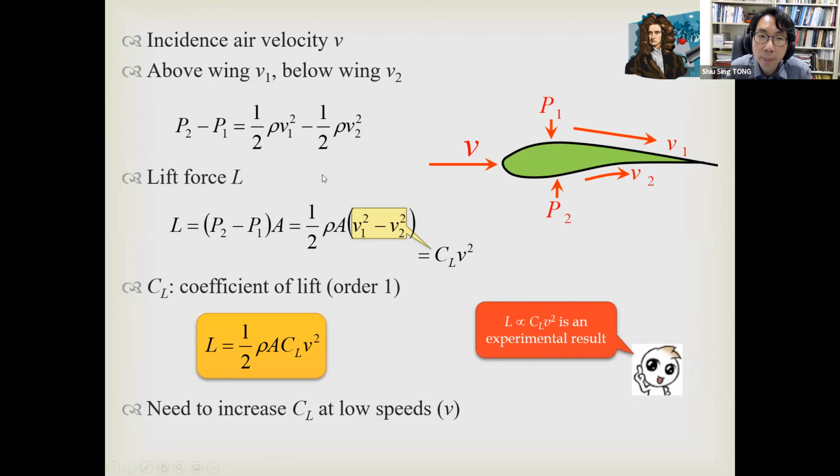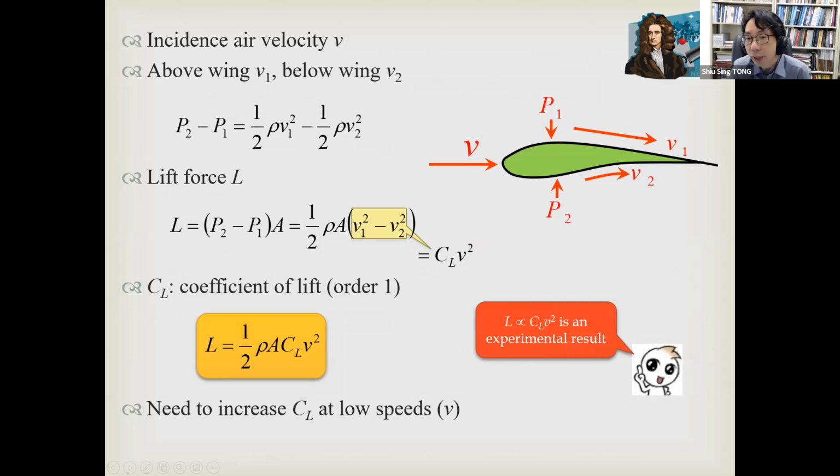And I can replace P1 minus P2 by this. I extract a constant rho A, and that becomes half rho A times (V1 squared minus V2 squared). Experimentally, I find that for a wide range of velocity, the difference between the two squares of the velocity is proportional to the square of the incoming airspeed.